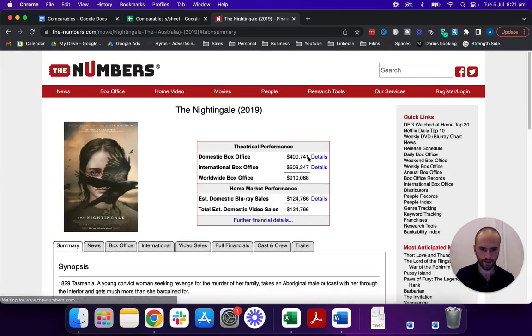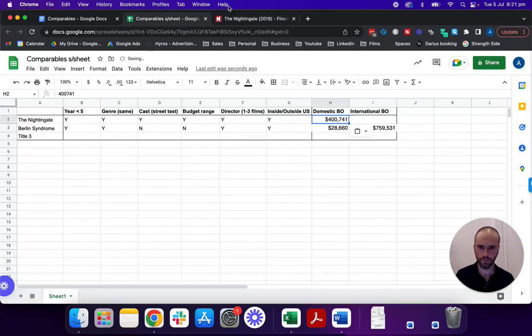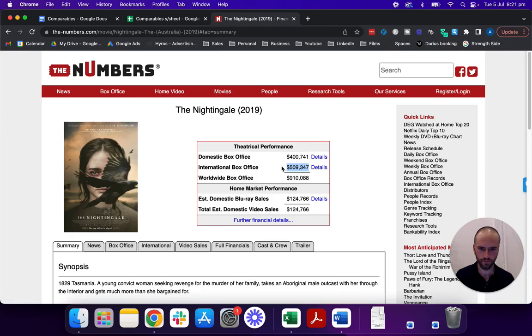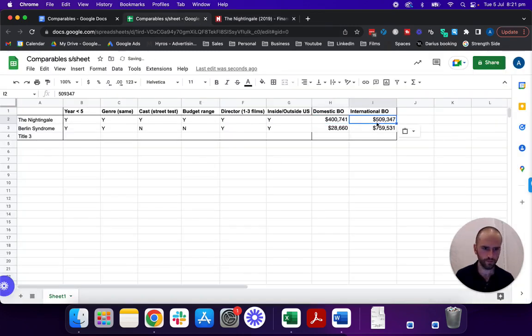Cool, so it's got domestic and international. And so now you can see how you can start building out the domestic and international revenue that was generated at the box office for each of these films.